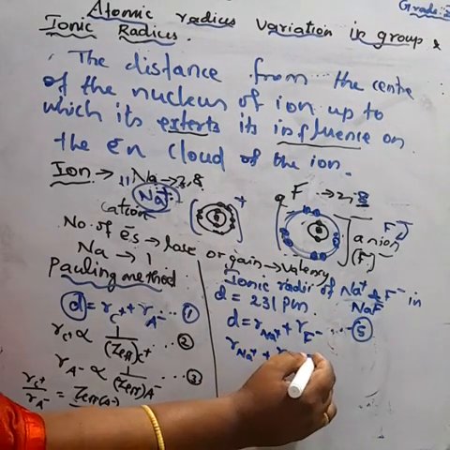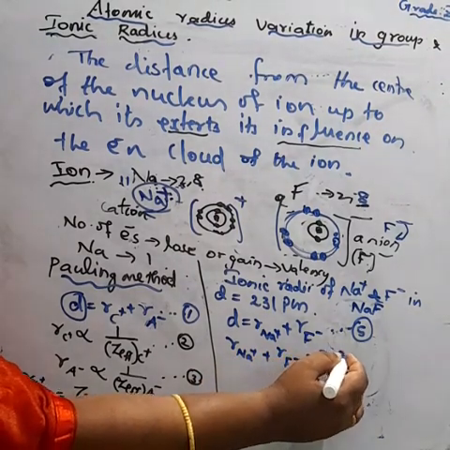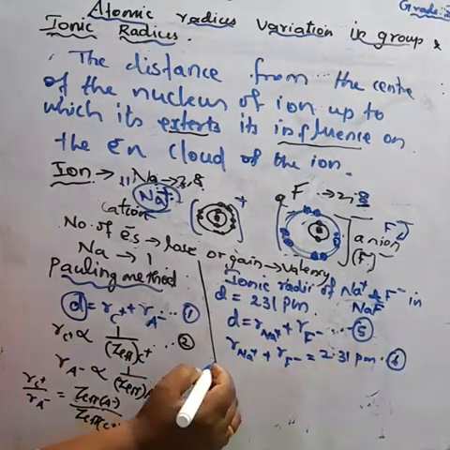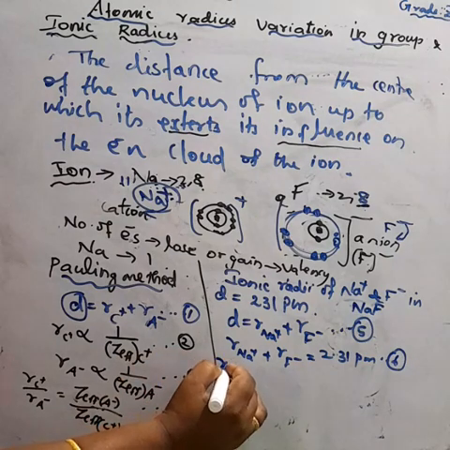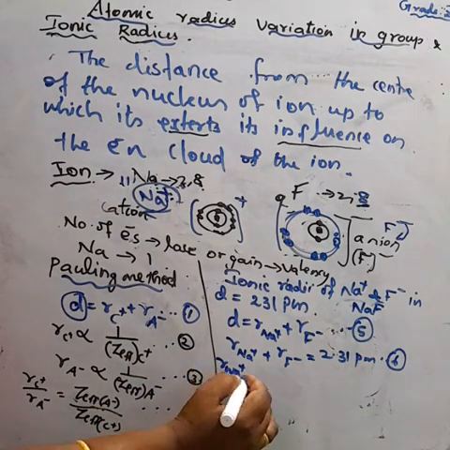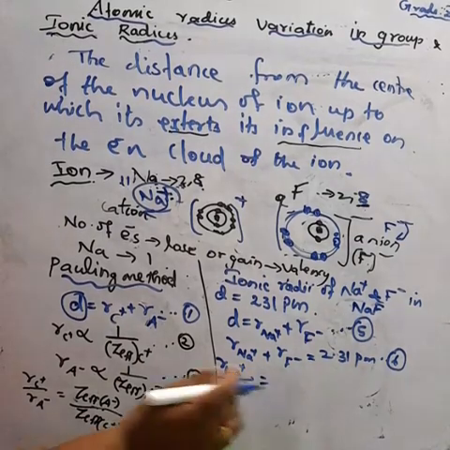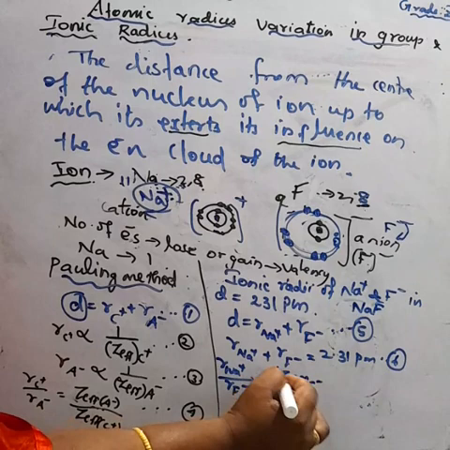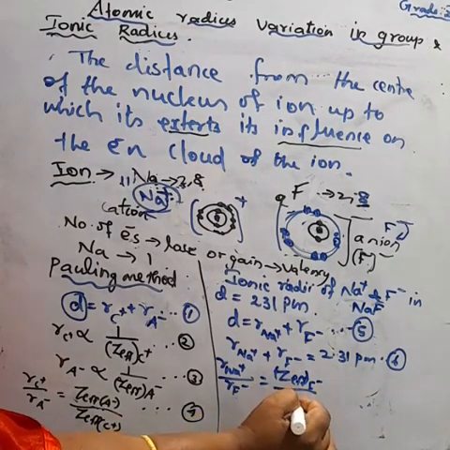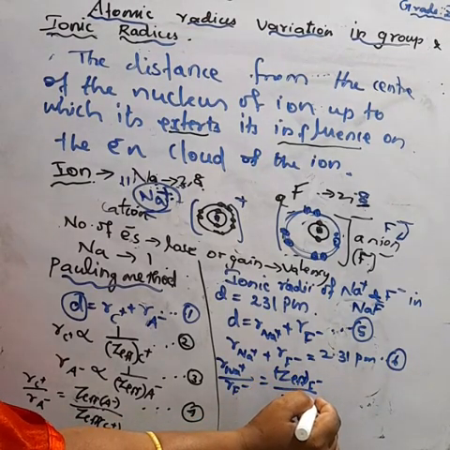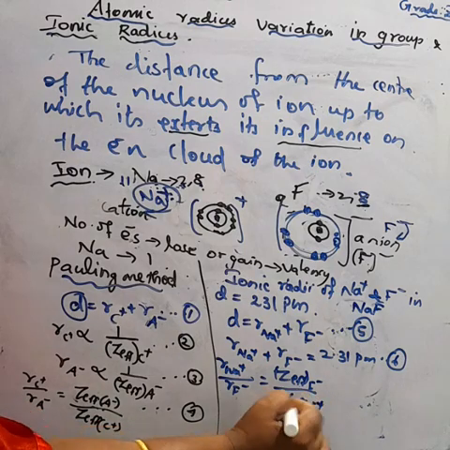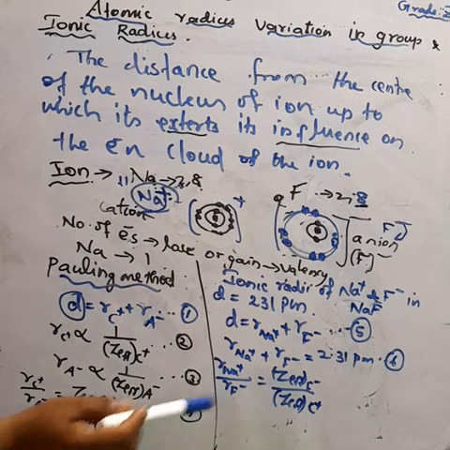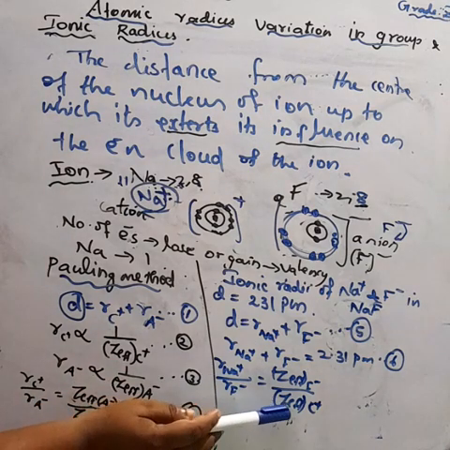Then we take equation number 6: R_Na+ by R_F- is Z_eff F- by Z_eff Na+. To calculate the radius of the sodium and the radius of the anion, we are using this assumption.